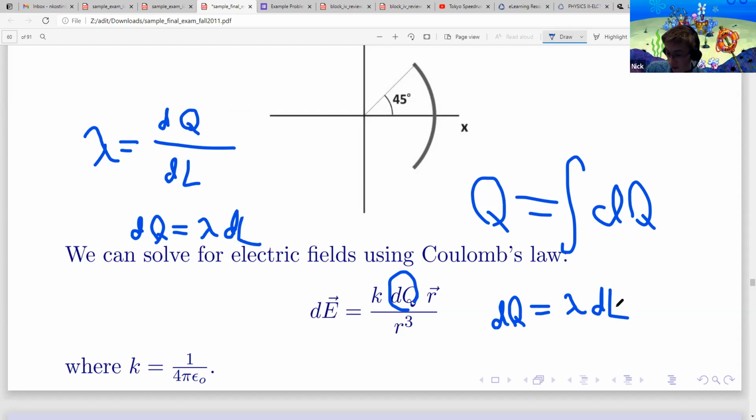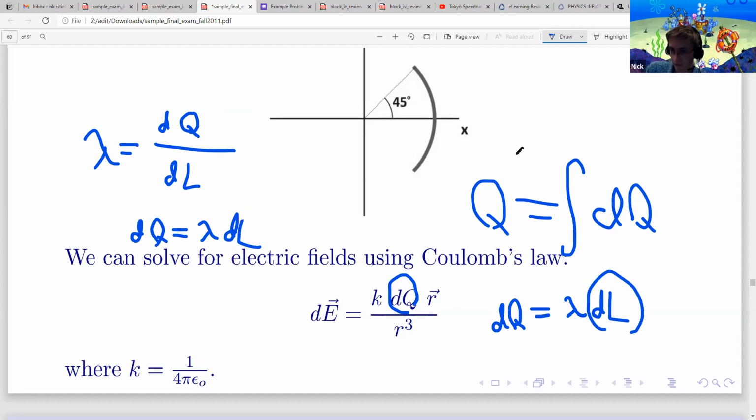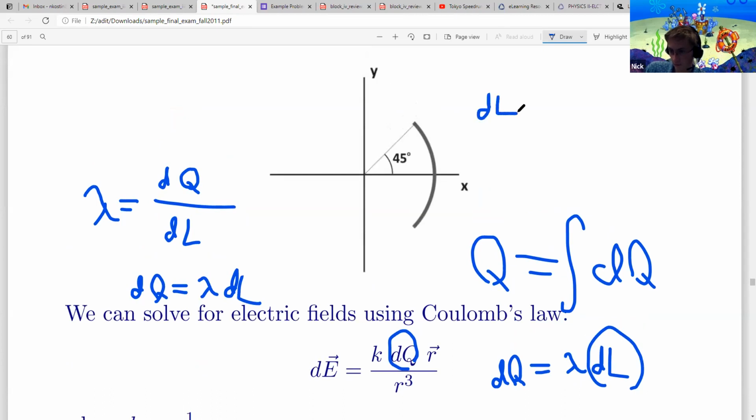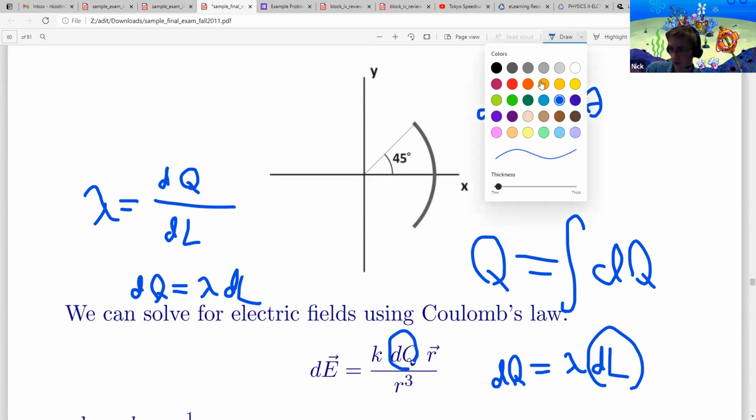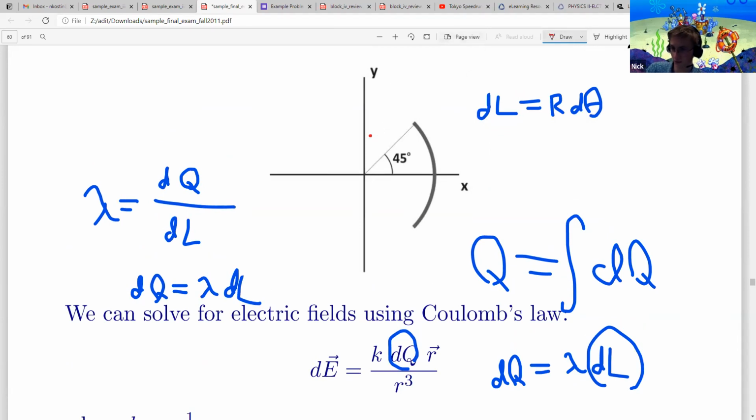As far as where dl comes from, I said that dl for a circle is always equal to r d theta. The way I like to think about that is going back to pre-calc, when we learned about arc length. In particular, arc length is equal to just r times theta.